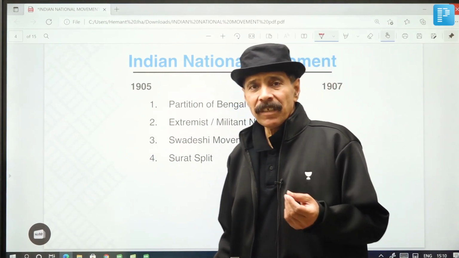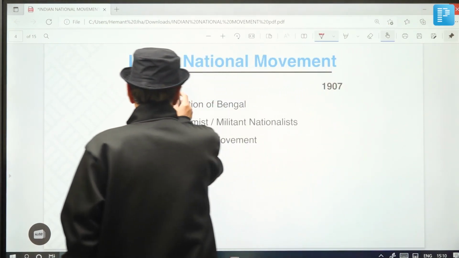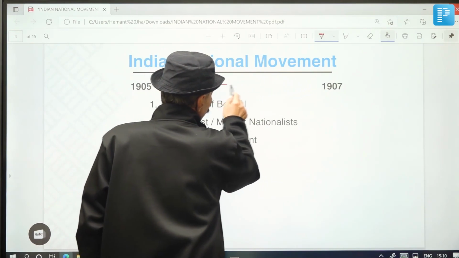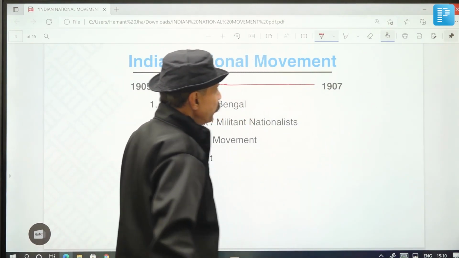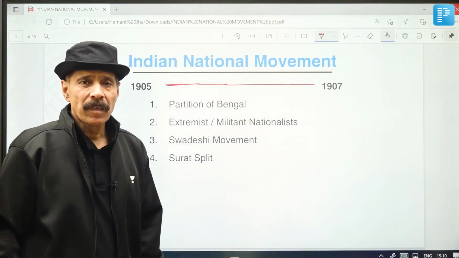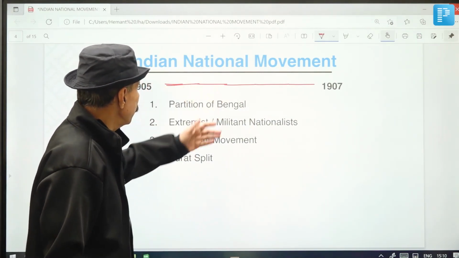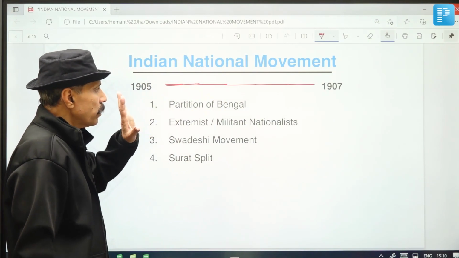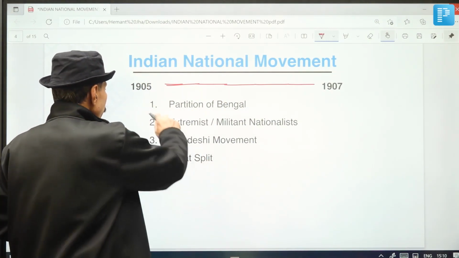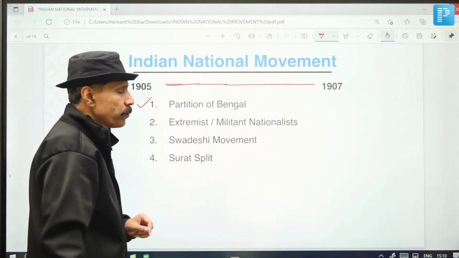Next one is Indian National Movement 1905 to 1907. So related to Indian National Movement of this phase, only 4 things are to be focused. One is partition of Bengal.